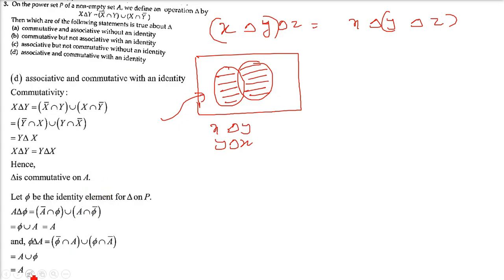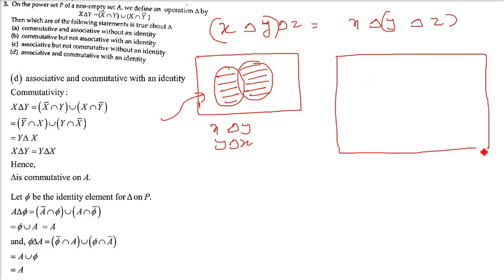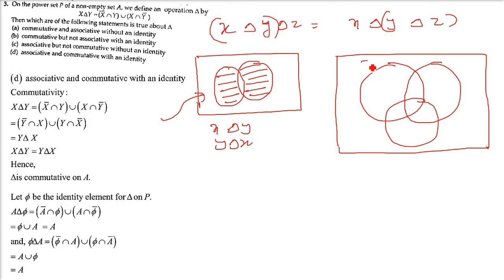This is commutative. Okay. Now same logic, same reasoning we are going to use to prove that it is associative. This is X, this is Y, and this one is Z. So X, Y, Z. You can take any of them as X, Y, Z. Now X and Y, just see the left area. That is the left figure which I just made. So the intersection part will not be taken.